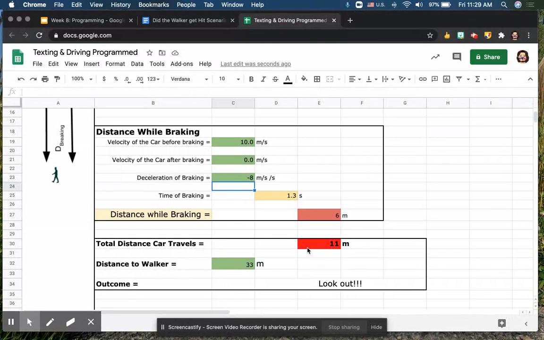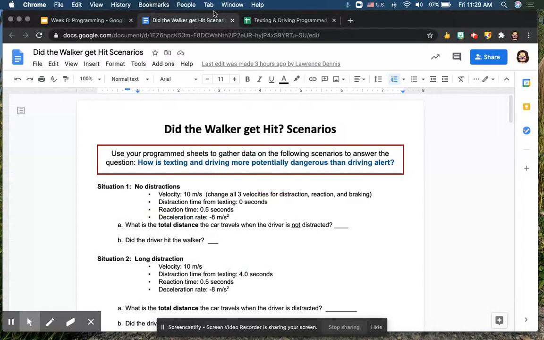If the number is greater than, so bigger than this 33 or equal to 33, that means my walker did get hit. So I'm going to put 11 meters for the total distance. And no, my walker did not get hit. So that's how I do the first part.